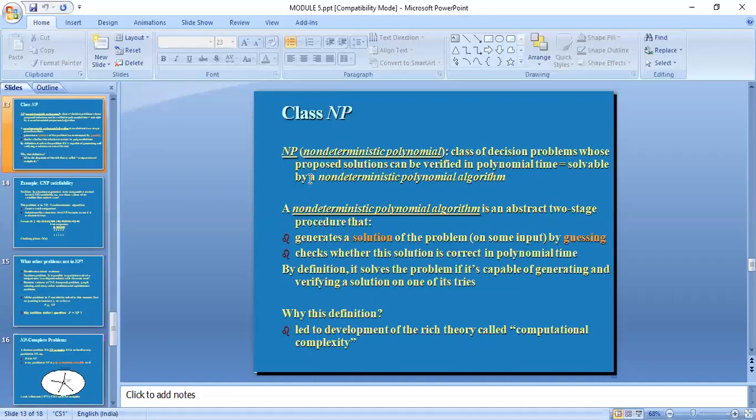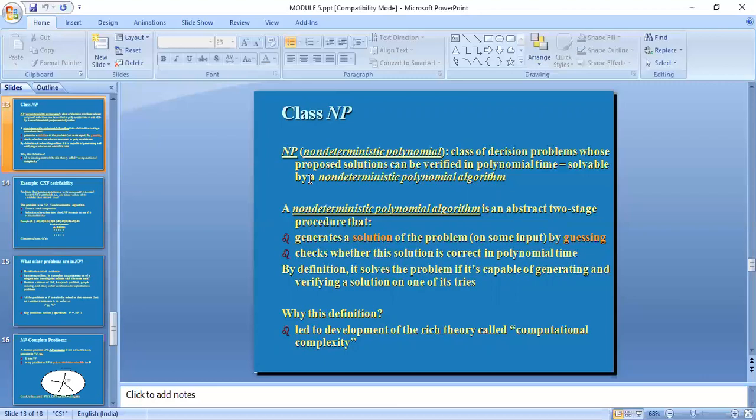Class NP is nothing but non-deterministic polynomial, a class of decision problems whose proposed solution can be verified in polynomial time, which is equivalent to being solvable by a non-deterministic polynomial algorithm.